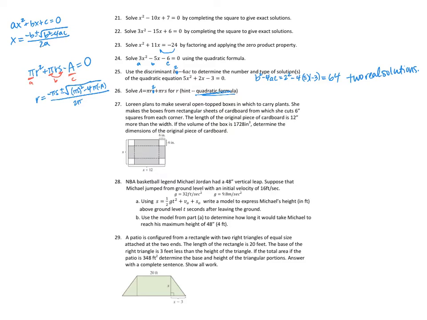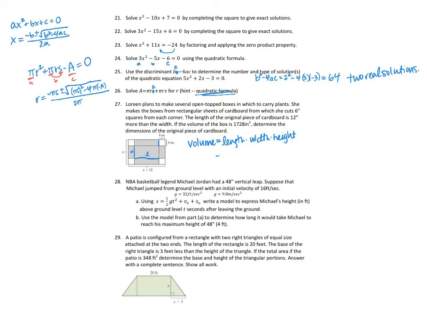And so I know the volume of my box is going to be the length times the width times the height. And if I think about the length and width and height, the length and width are going to be this right here on these fold lines. So this is my length, this is my width, and my height is going to be 6 inches because I'm folding up on that 6 inches.